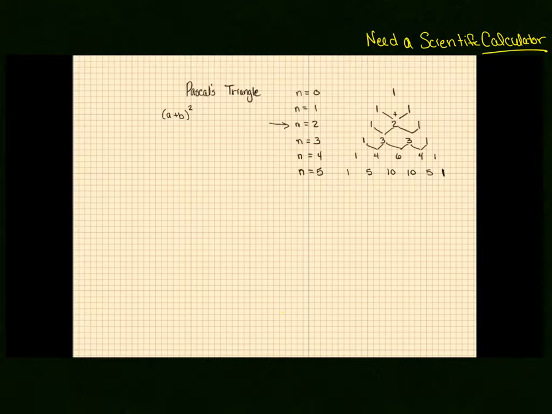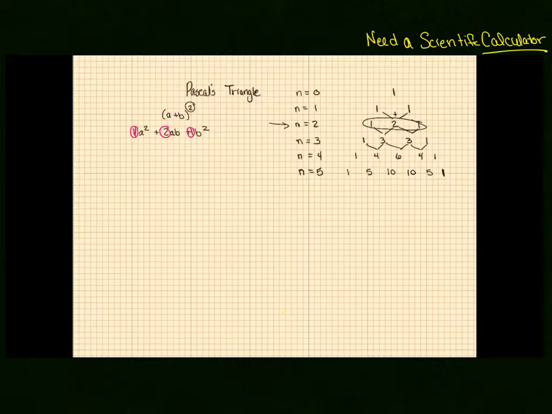There are 3 numbers in this row. So I'm going to have a squared, because it is a squared term, plus 2ab plus b squared. So Pascal's triangle gives me the coefficients for this binomial expansion.